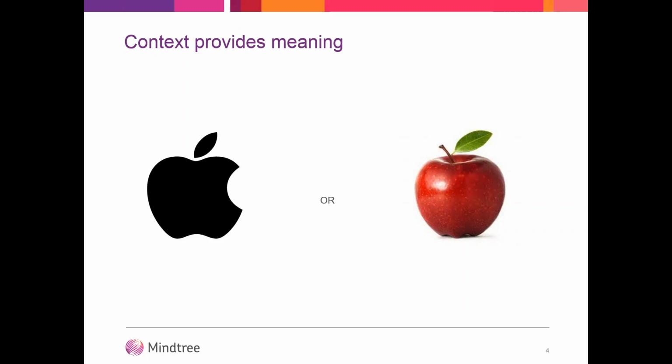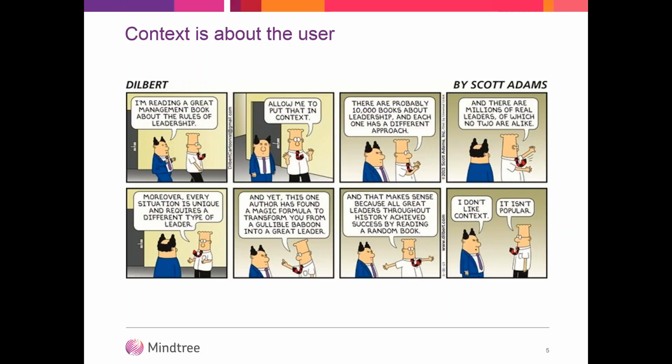Most importantly, context is about the user. If you look at any manifestation of contextual implementations or contextual design, the user is always the center of such a design. The various fields in which contextual design is applied today ranges from selling or advertising or marketing. So you have the idea of contextual selling.